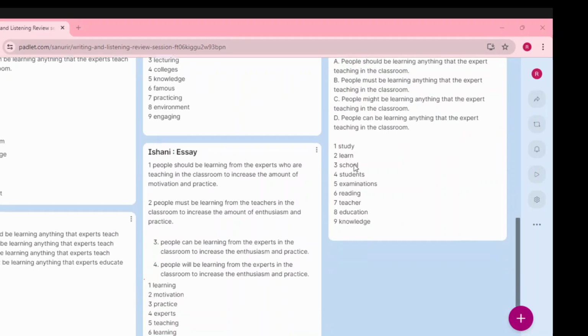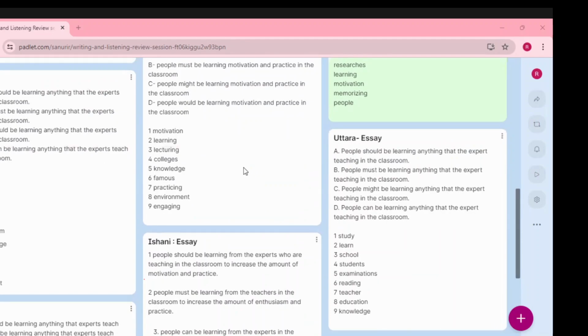Next, we'll check Uttara's one. People should be learning anything that the experts, right? This one, Uttara, it has to be. Yes, Miss, I am noticing my mistakes already, even in the pluralizing. Yes, thank you. Must be learning. Experts. Might be learning. Can be learning. Correct. Study.